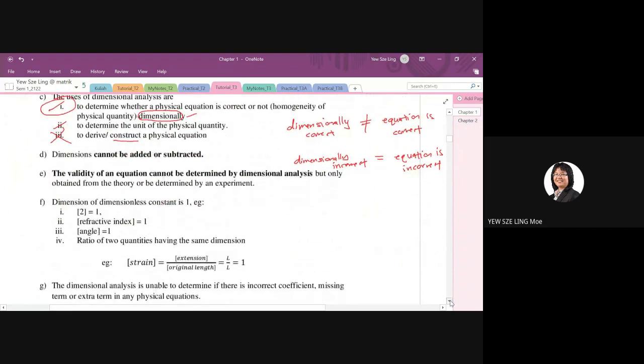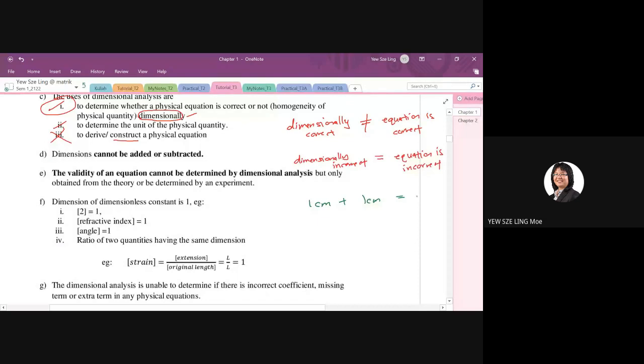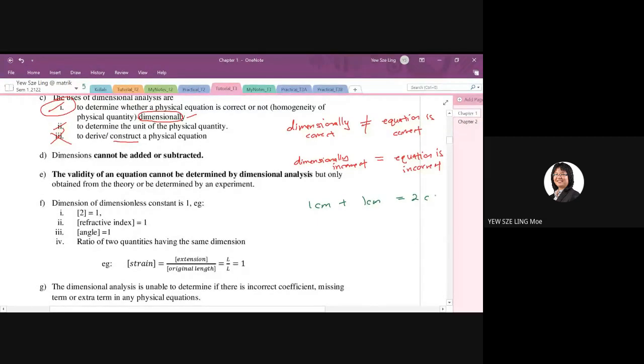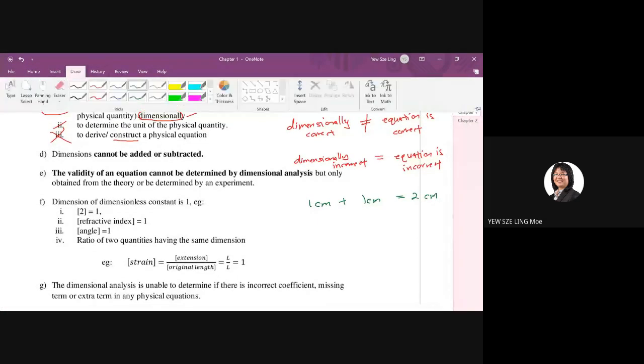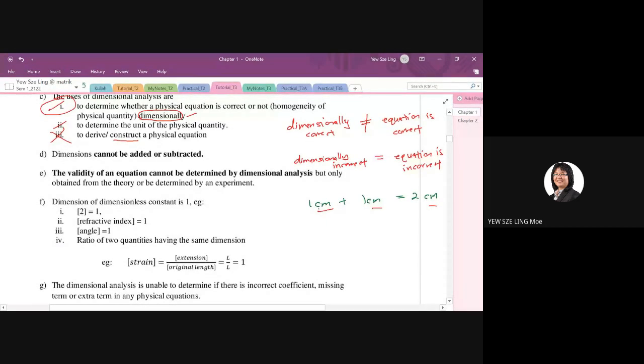Why are subtractions and additions not allowed? The concept is very simple. Let's say you have 1 cm plus 1 cm, then the final answer is definitely in terms of cm. So the dimension is still there. You cannot say cm minus cm equals no cm.